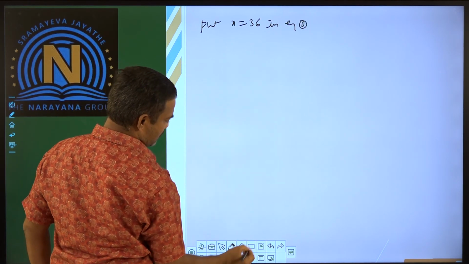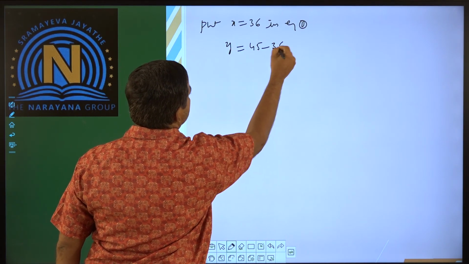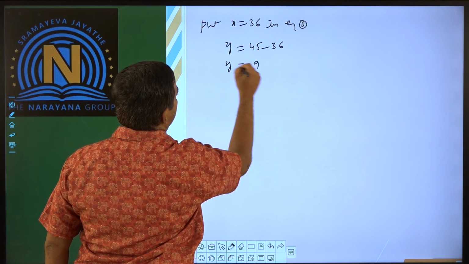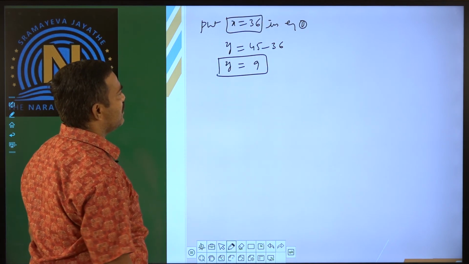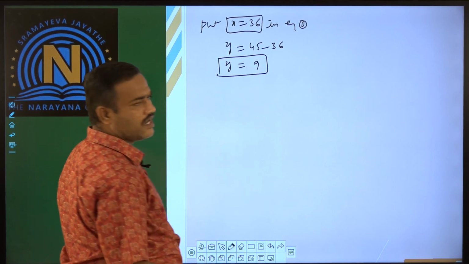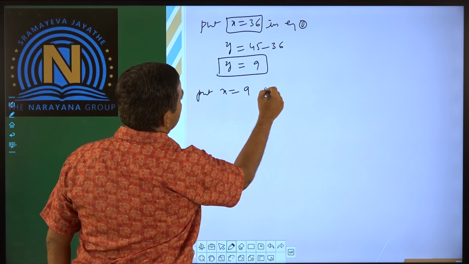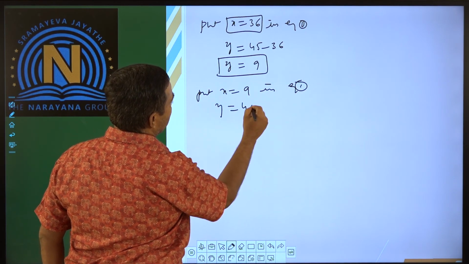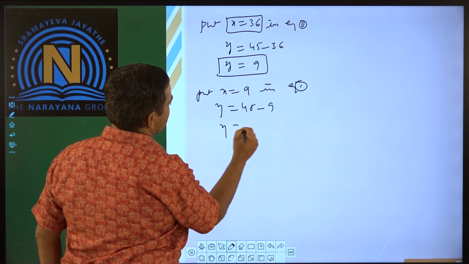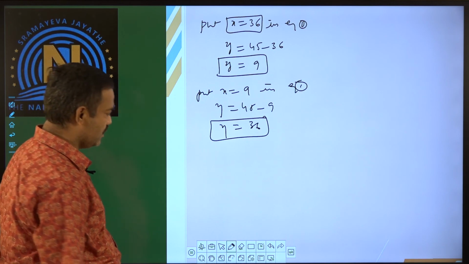So y is equal to 45 minus 36, y is equal to 9. If John has 36 marbles, then Jahnavi has 9 marbles. And put x is equal to 9 in equation 1, then y is equal to 45 minus 9, y is equal to 36. These are the solutions of the equations.